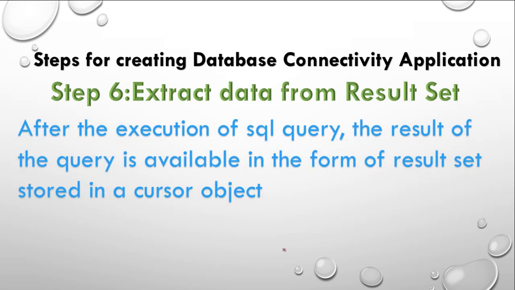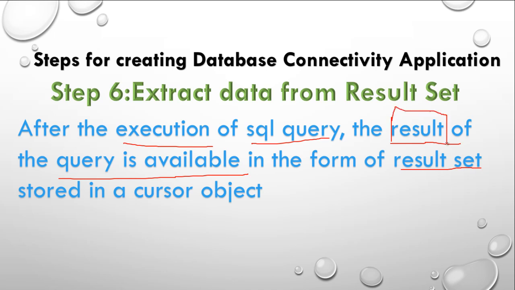After execution of the SQL query, the result of that query is present in the result set stored in the cursor object. So obviously we have to extract records from that cursor object.